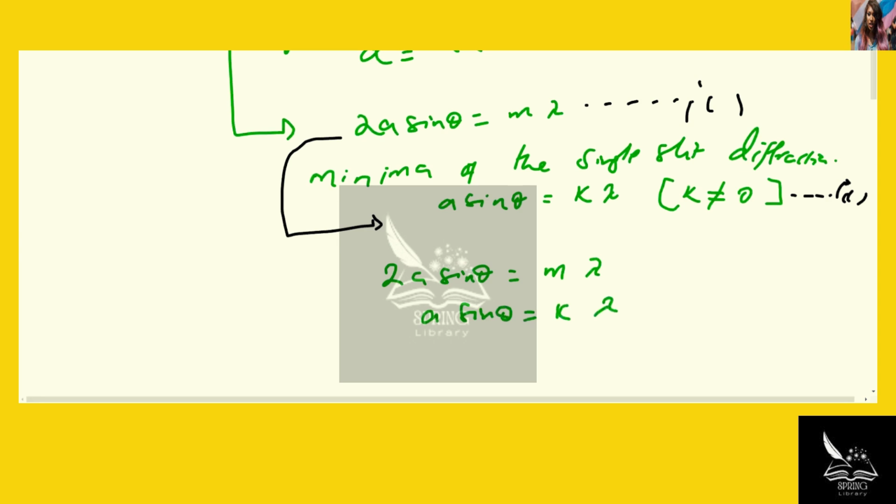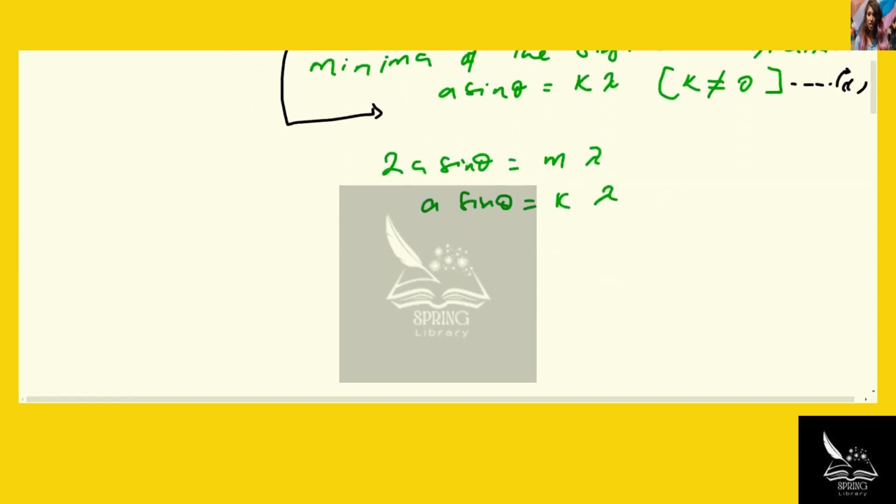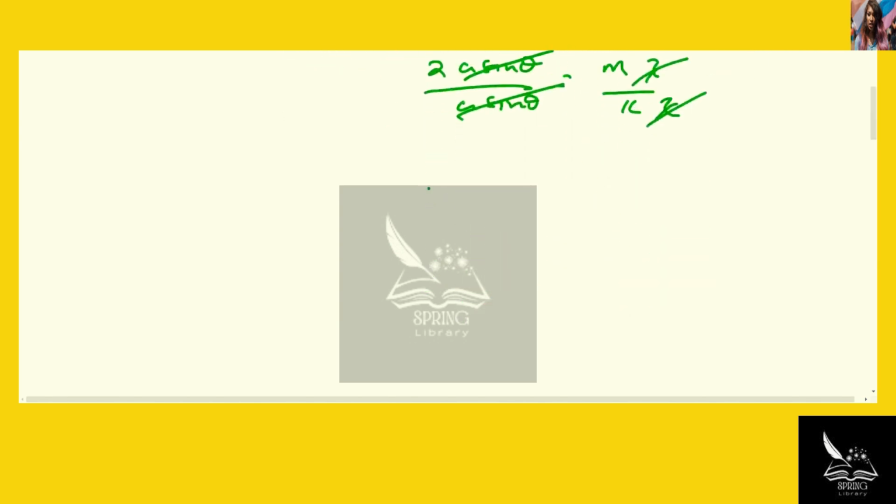you can see that if you divide them into each other, so we have 2a sine theta over a sine theta, and then on this side we have m lambda over k lambda. The lambdas cancel out, the a sine thetas cancel out, and now we have a new relationship. We can multiply both sides by k, so m equals 2k.